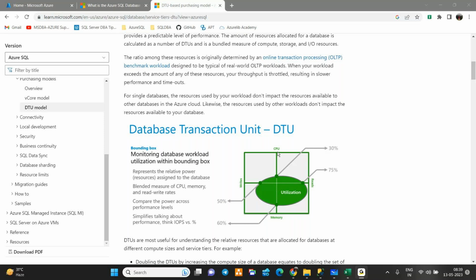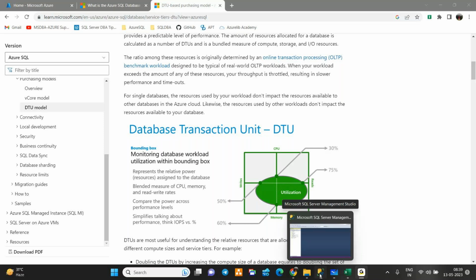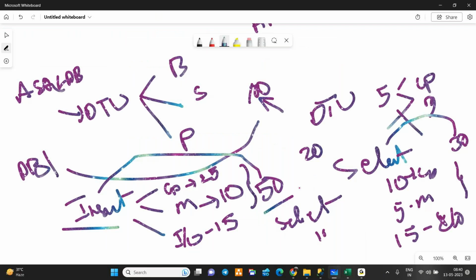Sir, I have one question. You are saying that one query is consuming 50 DTUs out of 100 DTUs. So in the billing cycle, which I suppose should be monthly, right? Forget about billing, sir. We have not yet started the licensing.